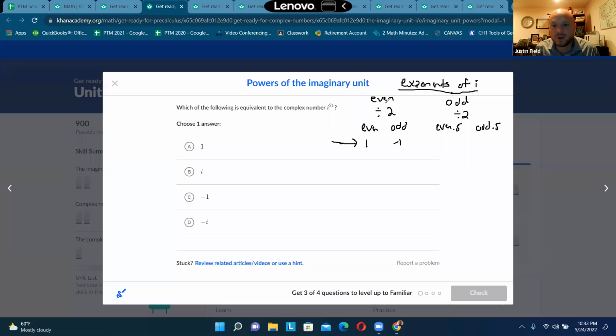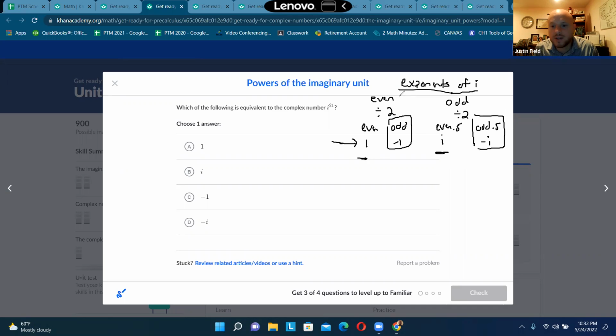Even divided by 2, odd, is -1. Odd divided by 2, even, is i. And odd divided by 2, odd, is -i. Notice our odds are the negatives, and our evens are the positives.